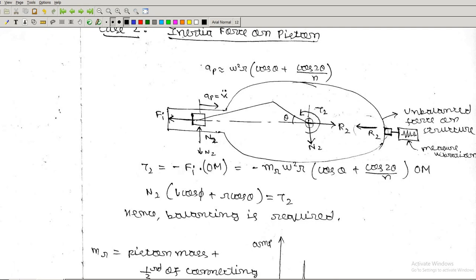So here we need to balance this Fi actually, because this is the unbalanced force. The unbalanced force on the structure comes due to this inertia force.